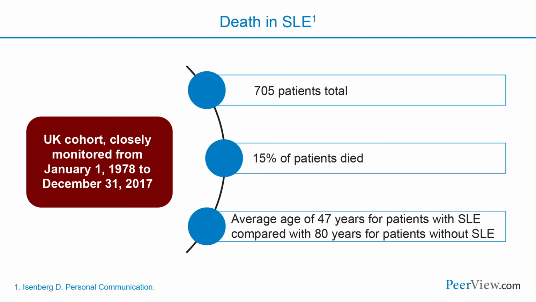Please remember that the average age of death for a non-SLE woman is 80 years or more. We don't like to show patients this information, but as physicians, we need to know it. Lupus can kill, and it can kill young women.